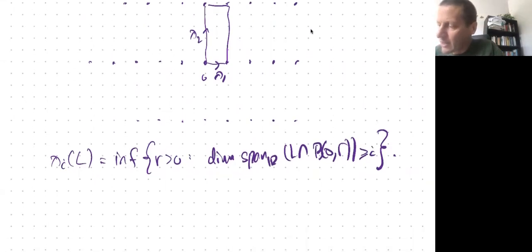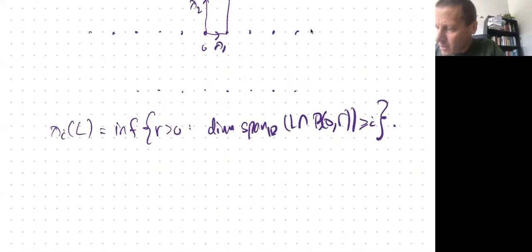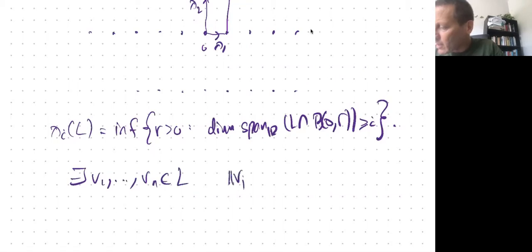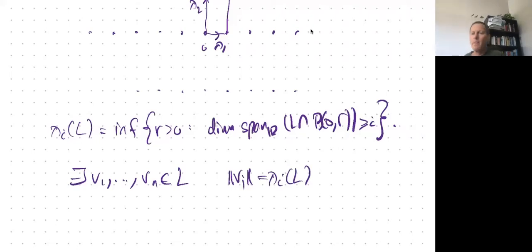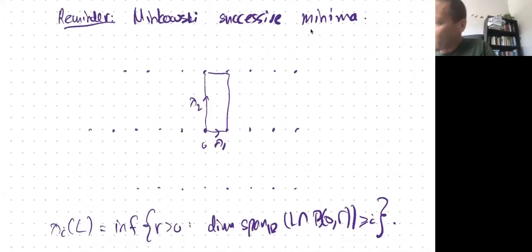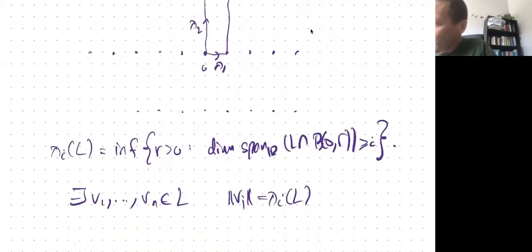And we saw that there exist vectors v1 up to vn in the lattice such that the norm of vi is lambda_i. In this definition, the ball here is with respect to the norm that you choose. So you fix a norm in advance, and you have successive minima with respect to the norm.